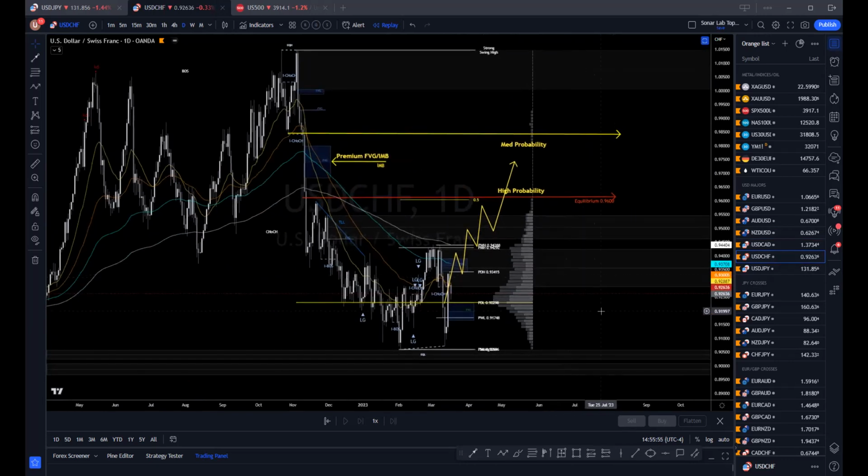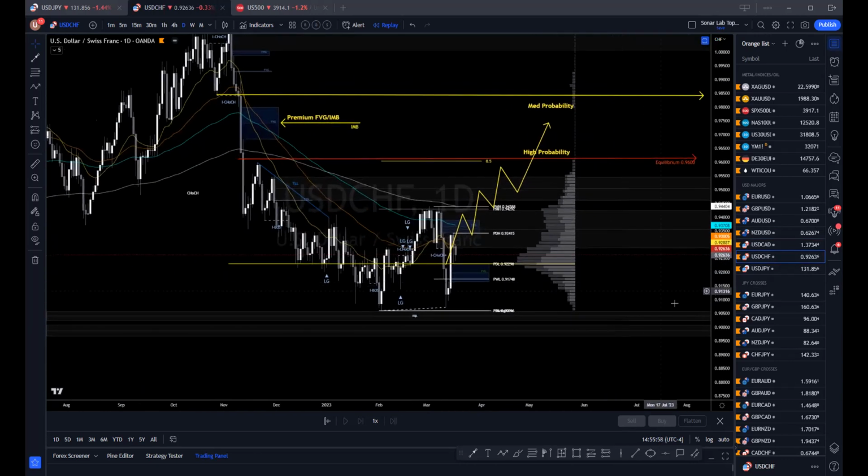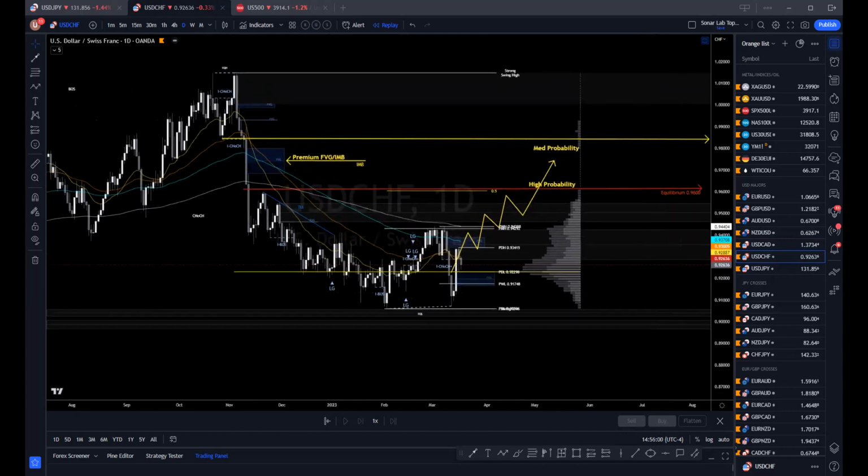US dollar, Swiss francs. Nice move. For some reason, it could not take out that low. That's weird. So if it can't take out that low, that's dollar Swiss francs. We have dollar strength coming up. This was a nice little pullback.